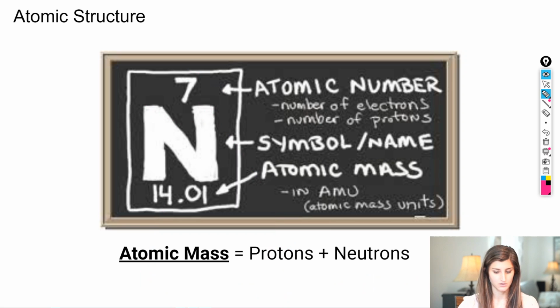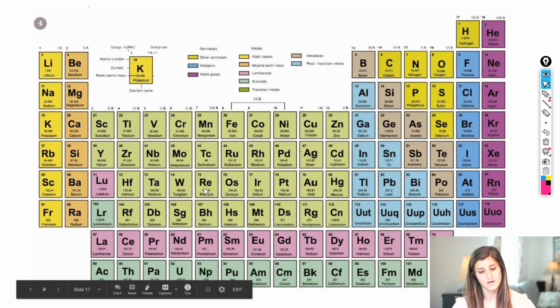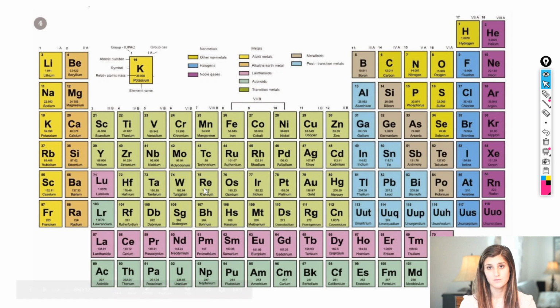Okay, so let me clear the screen and move to the next slide. And once again, here is our periodic table, and exactly what I did on the previous slide, you can apply that information to any of these elements. So if we're looking at boron, we can figure out the number of protons and electrons by looking at the atomic number, which is here.